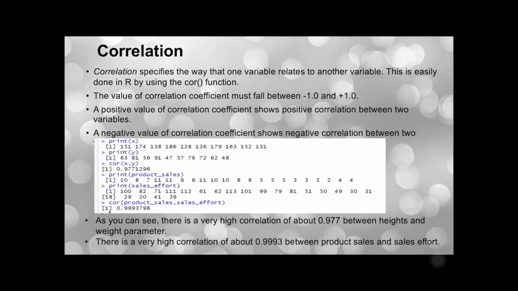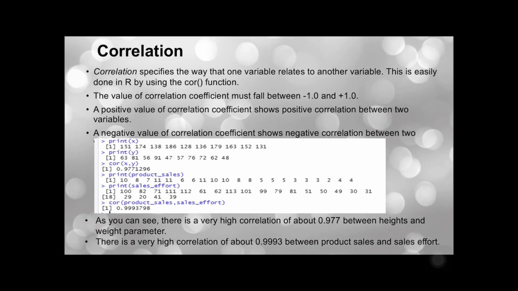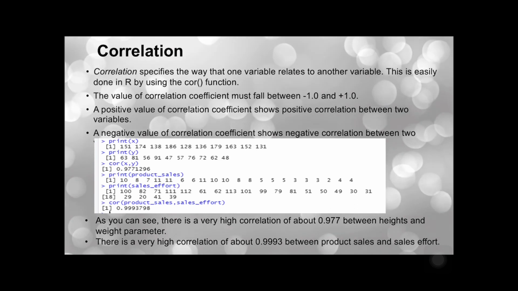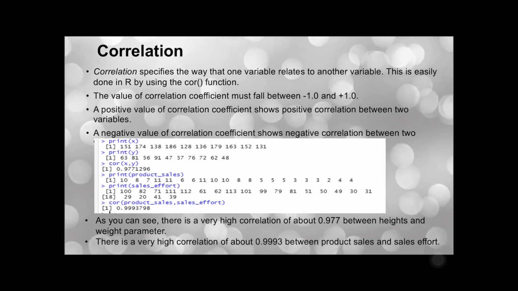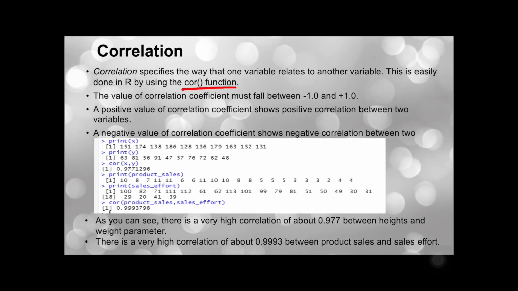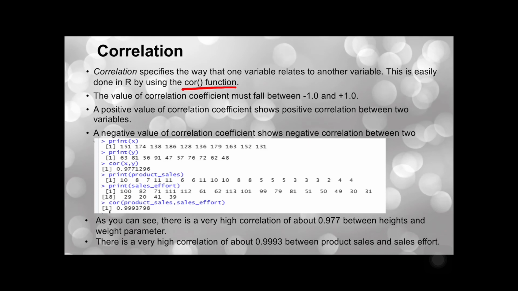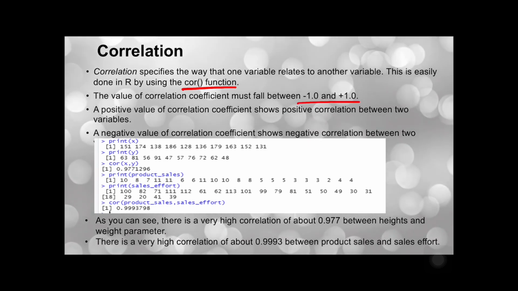The next is correlation analysis. The correlation actually specifies the way one variable is related with the other variable. In R, we have to simply use the function COR for performing the correlation analysis. The value of the correlation coefficient actually falls between -1 and +1.